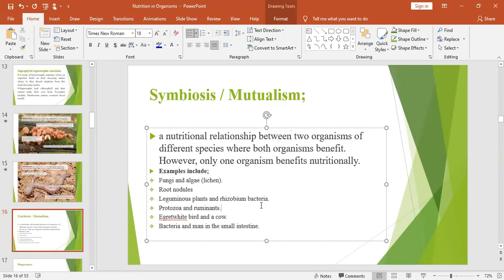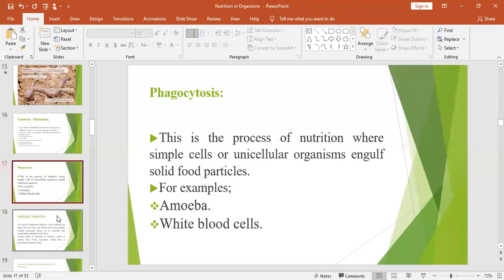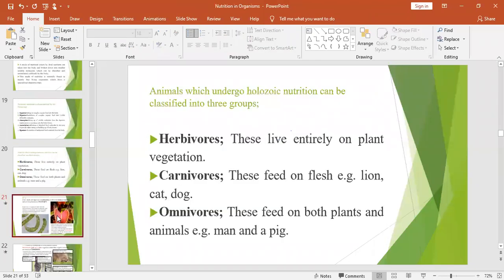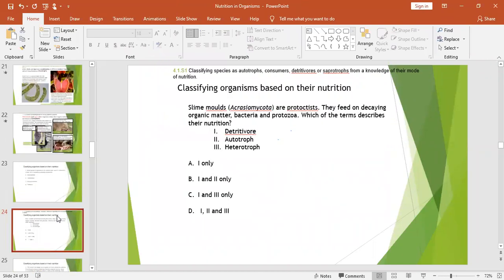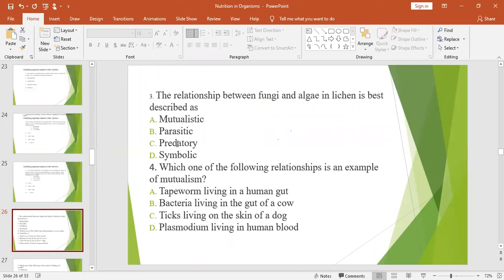An example? Fungi and algae, or lichen. That is the same question. Root nodules, leguminous plants, and rhizobium bacteria. Now we brought this question. Don't you think the answer is got from there?